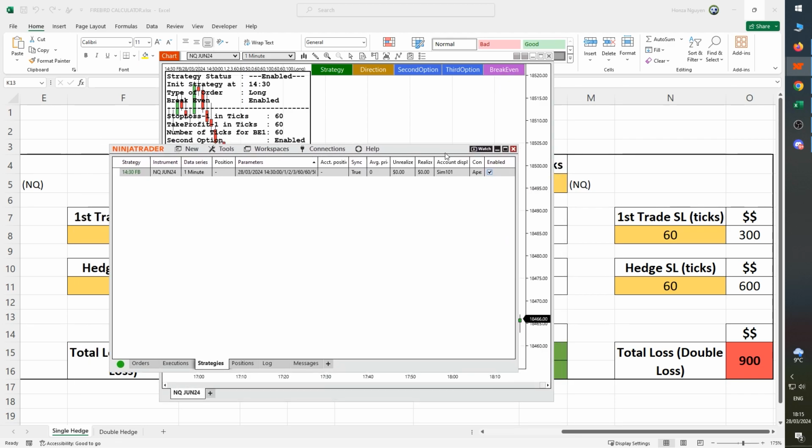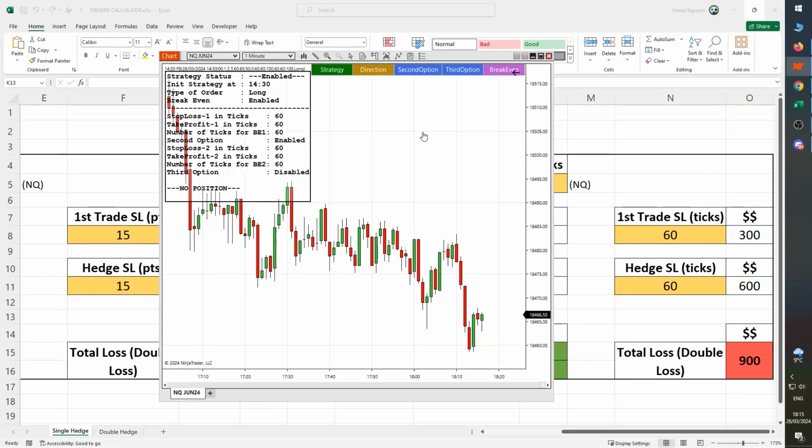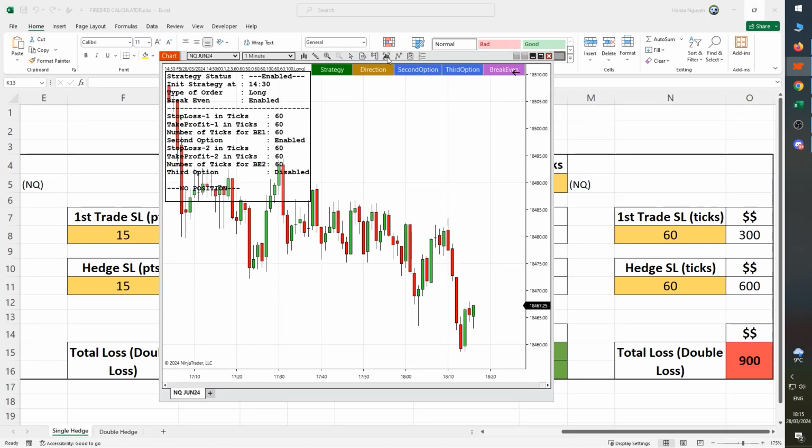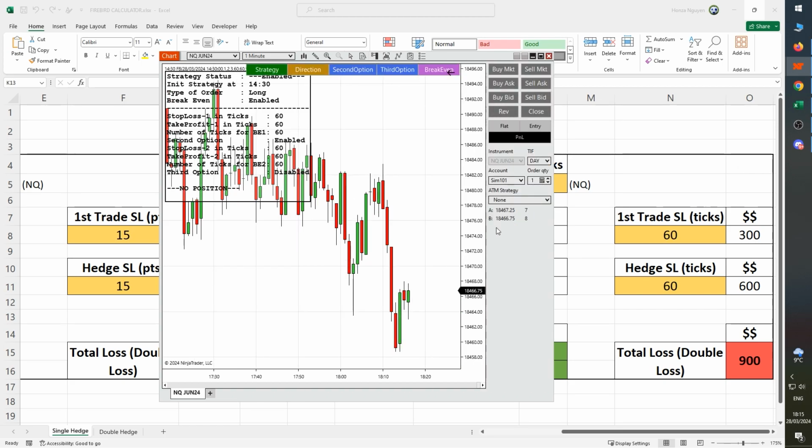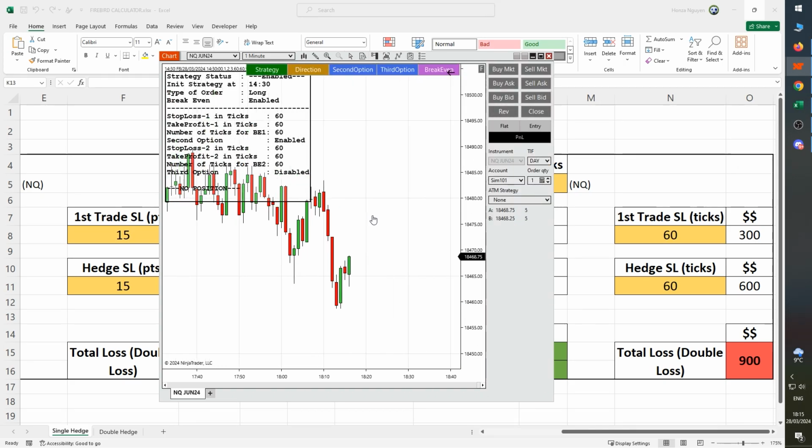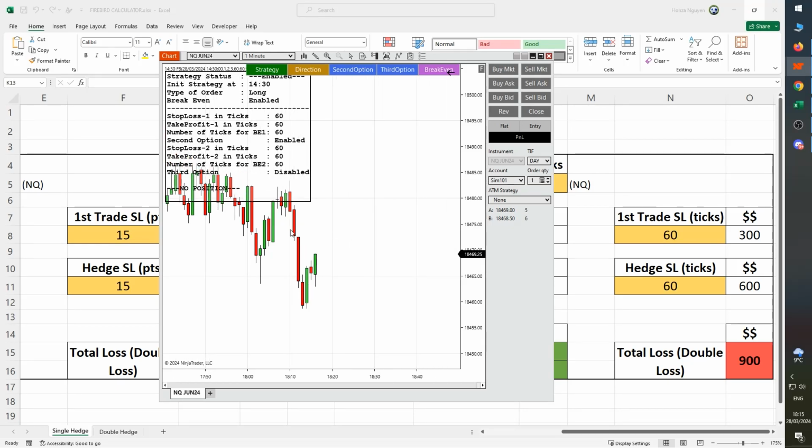Also another trick is I would enable chart trader here to have this panel, because the bot can sometimes fail. I have luckily not witnessed that. So yeah, if it does fail, you can have this close button here on hold and just close your position.